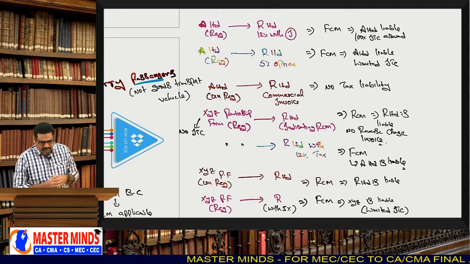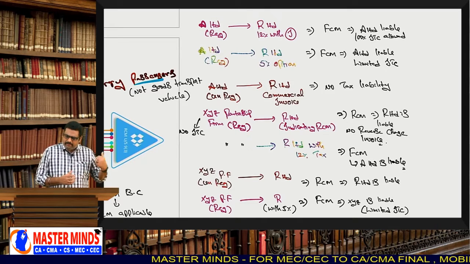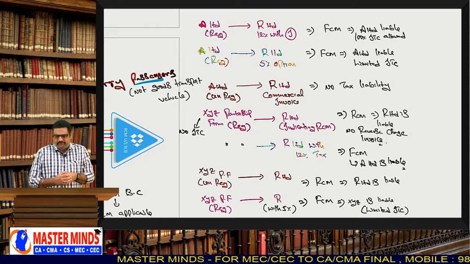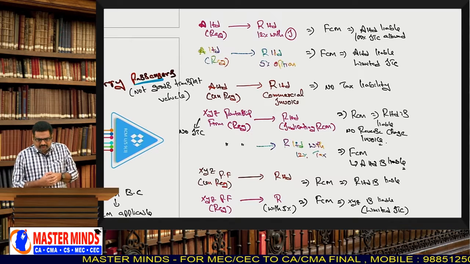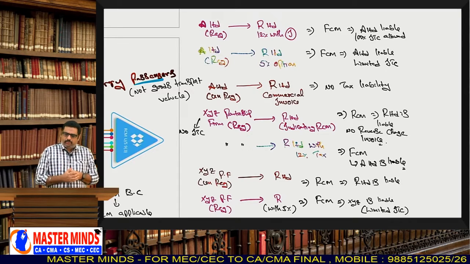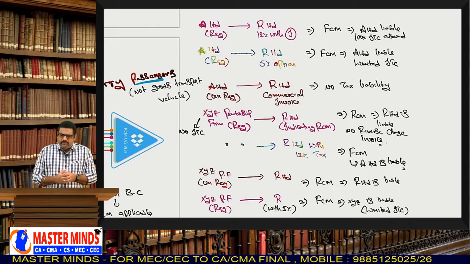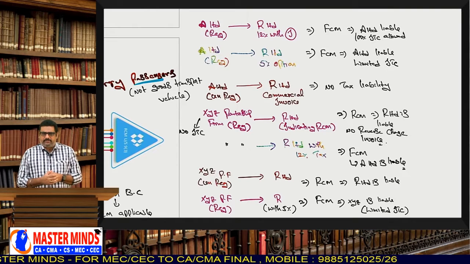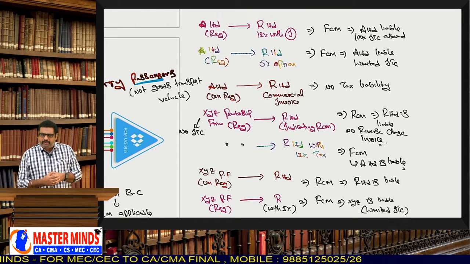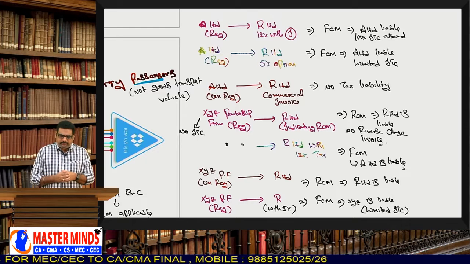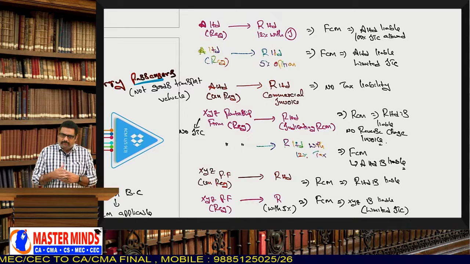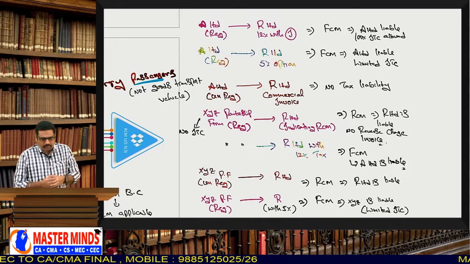Now next point is here. Say for example, A Limited is an unregistered person and is issuing to R Limited a commercial invoice. If a particular person is unregistered, then whatever invoice it gives can be termed as either a retail invoice or a commercial invoice.